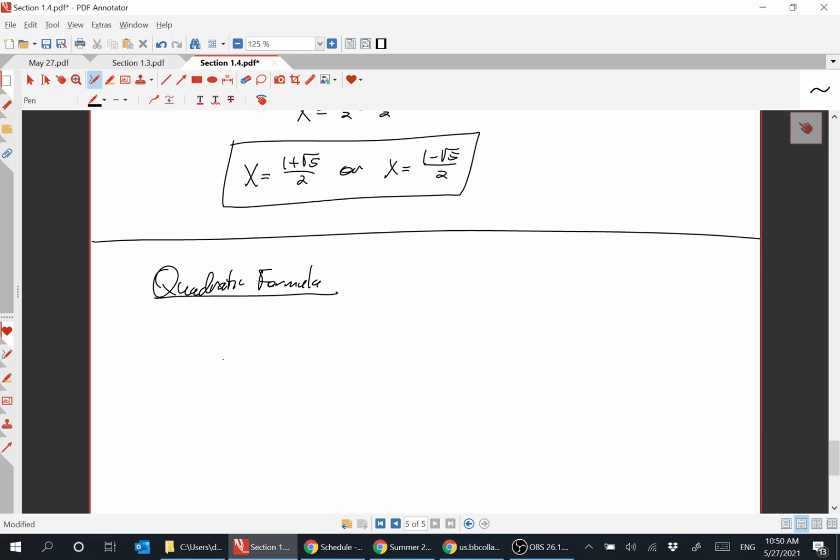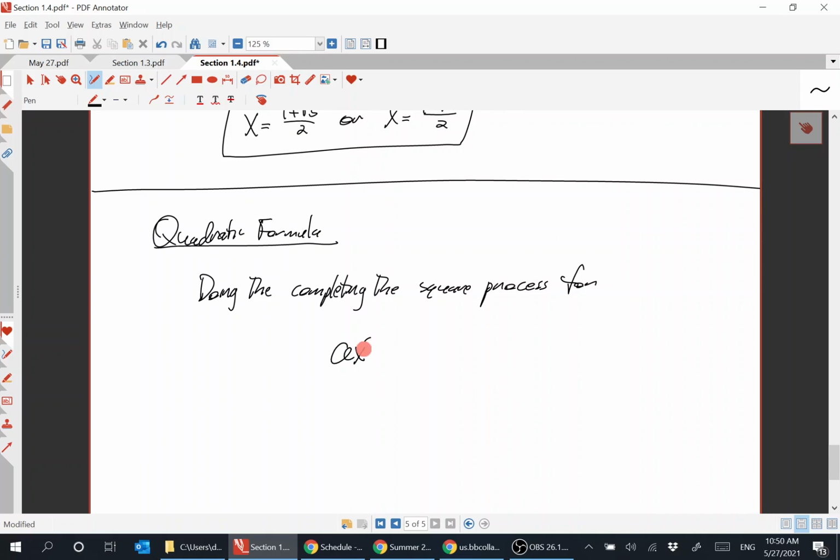Doing the completing the square process in general gives you the following formula for ax squared plus bx plus c equal to 0, which yields the quadratic formula.